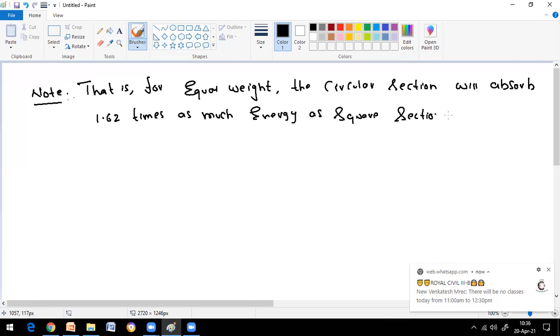Understand? So when springs are having an equal weight, obviously the circular section will have more energy absorption than the square section.